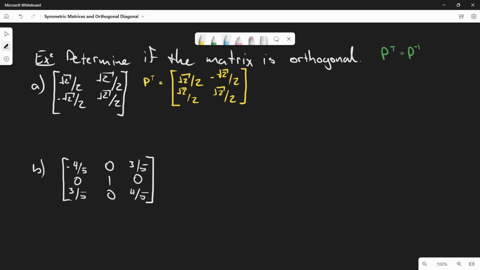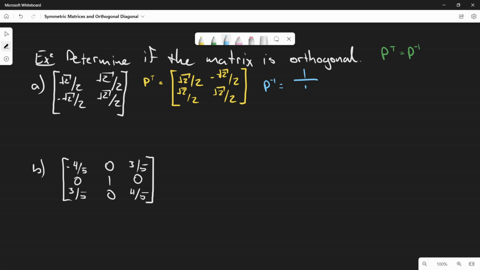Now for the inverse of a 2 by 2 matrix, that one's easy to calculate. The inverse will be equal to 1 over the determinant. So this would be root 2 over 2 times root 2 over 2, which is 1/2 plus 1/2, and that should be 1.